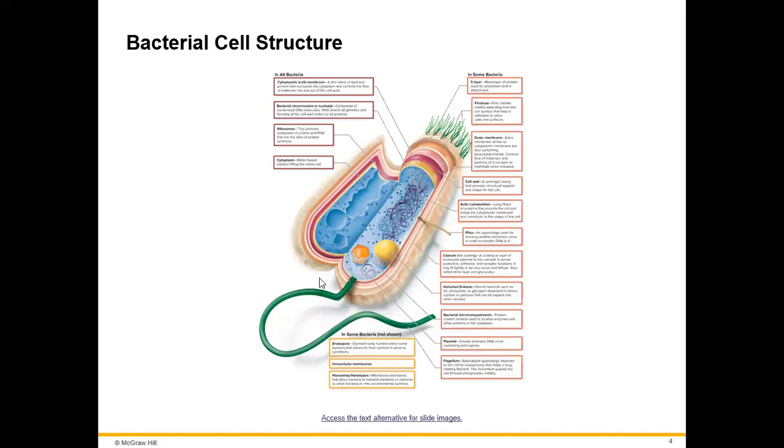Some bacteria that move can have an appendage called a flagella for movement. They have a single circular chromosome that's tightly wound up in the cytoplasm, but not bound by a membrane. Some bacteria, among the gram-positive bacteria, can form what's called an endospore, a very resistant structure.